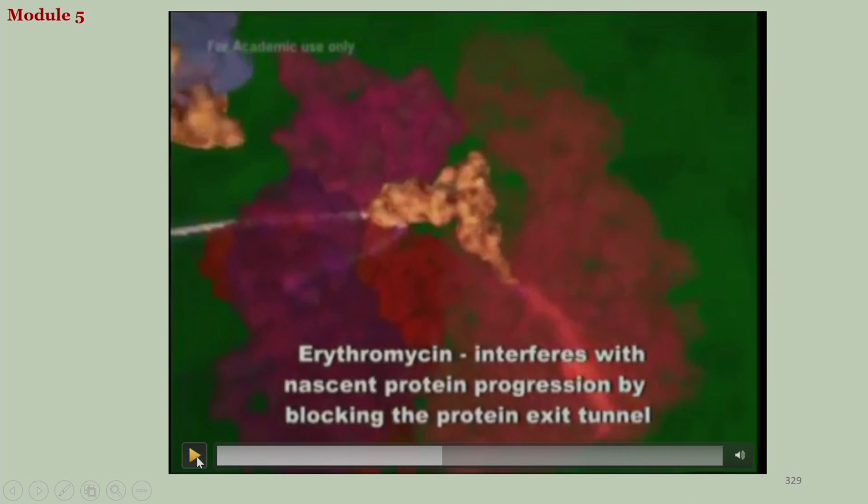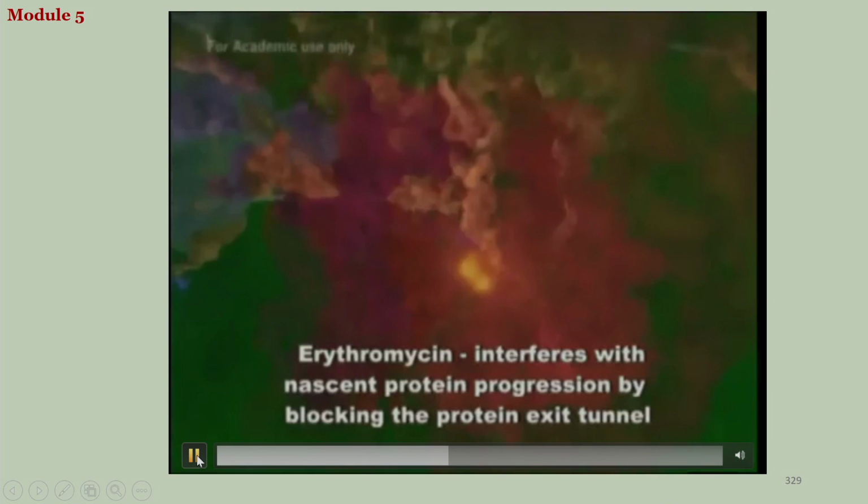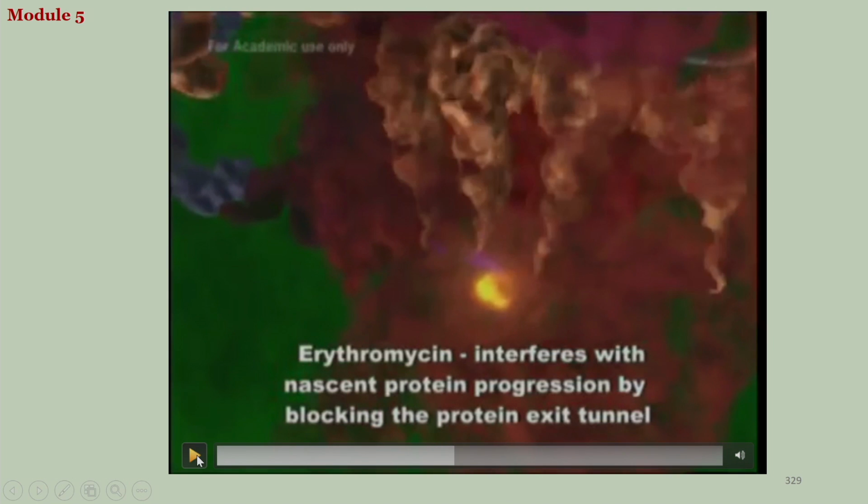So, this particular antibiotic blocks the exit channel through which the protein could come. So, therefore, the protein cannot come out, and eventually it will be destroyed. Here, this is your antibiotic.